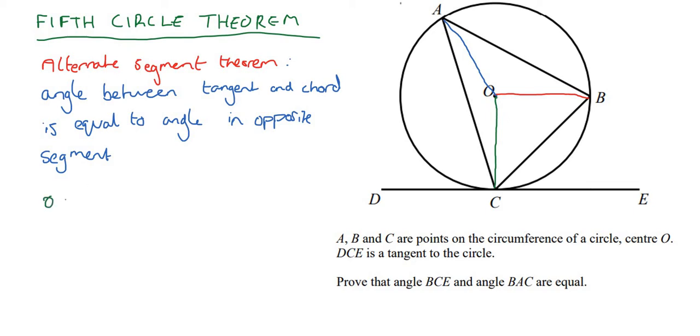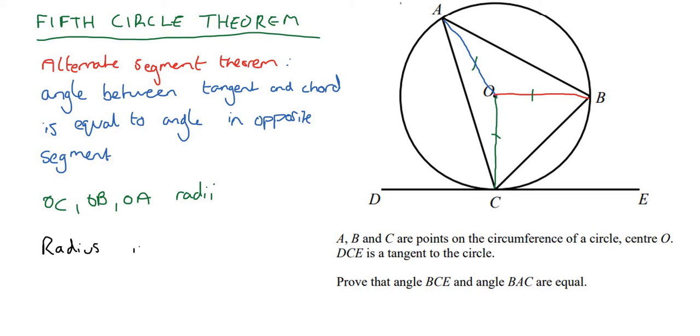So O to C, O to B, and O to A are radii, which in particular means they are the same length. So this is the same as this, which is the same as this. And we now have 3 isosceles triangles. Just before that, we also noticed that if we have a radius and a tangent, then they are perpendicular.